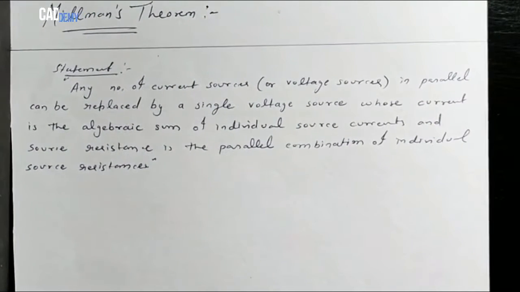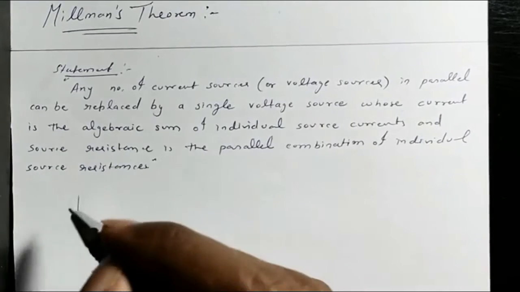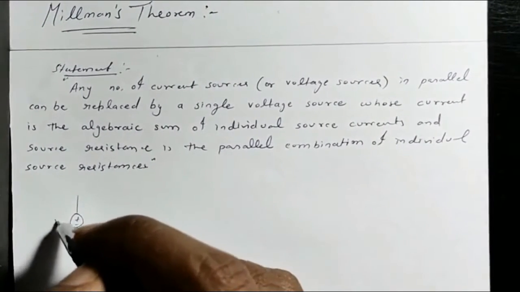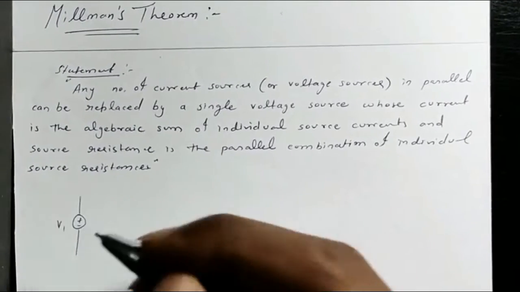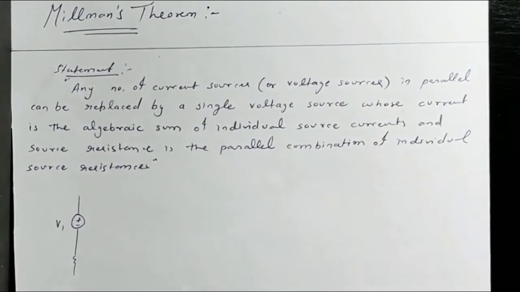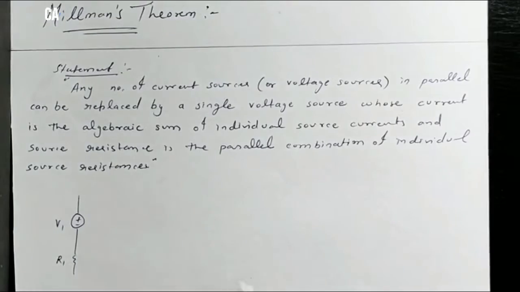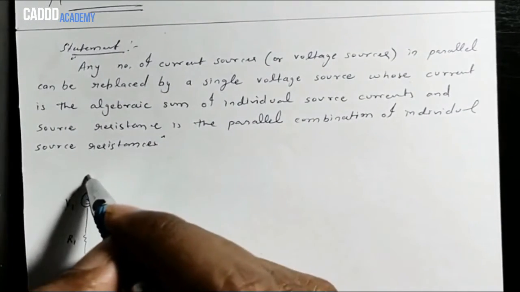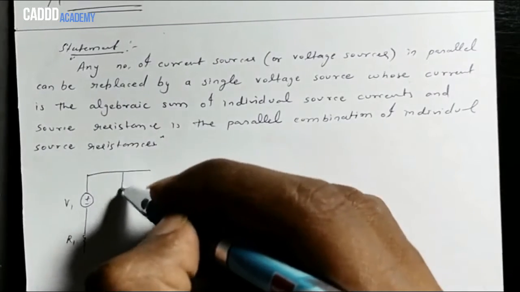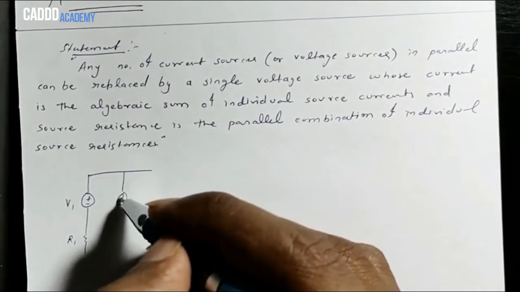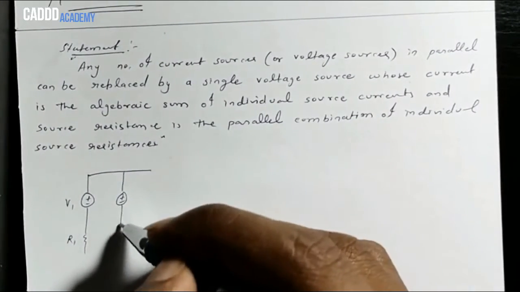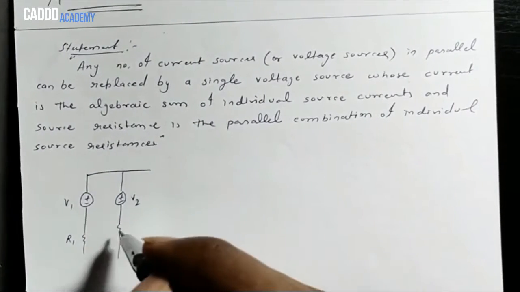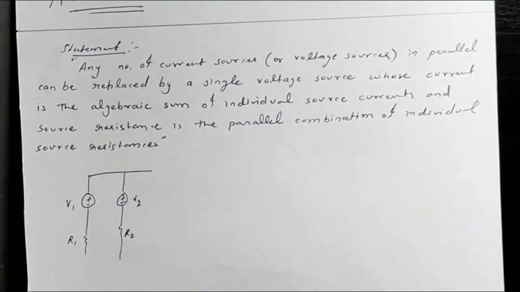is that if we have voltage sources, like this one is V1, and we have a resistance R1 which is connected in series with the voltage source, and after that we have voltage sources again, V2 and R2.